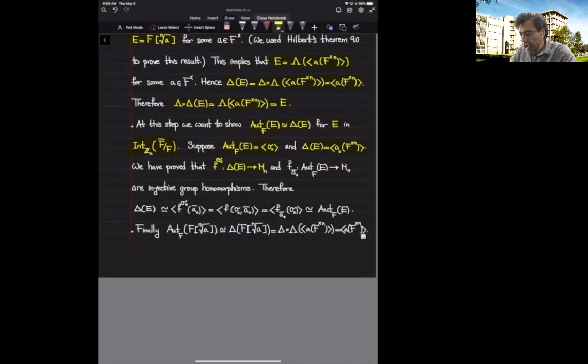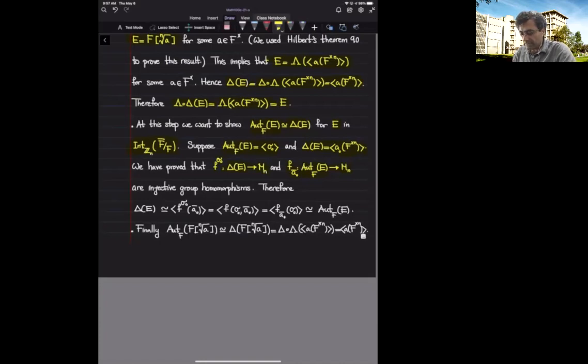Similarly, I can do the same, but this time I fix the second component to be A naught, the coset represented by A naught. Then, again, we prove that we get an injective group homomorphism from the Galois group of E over F to the cyclic group generated by Z.